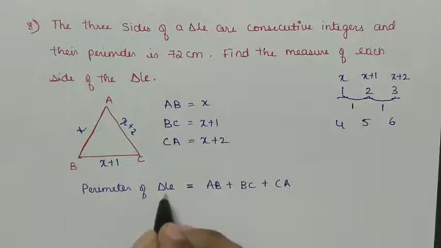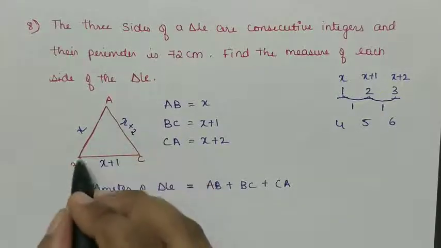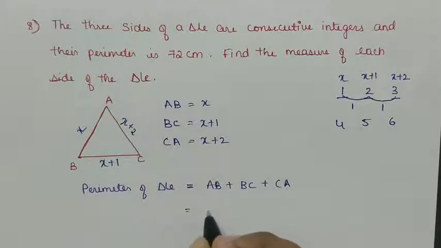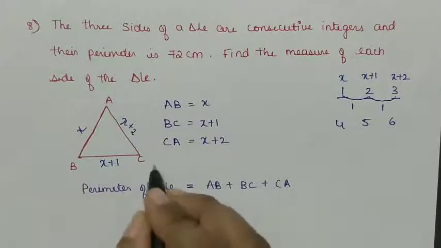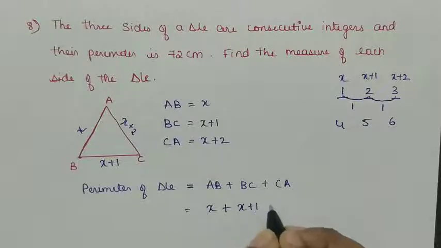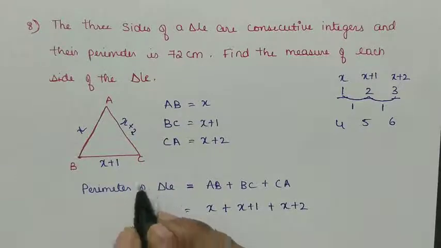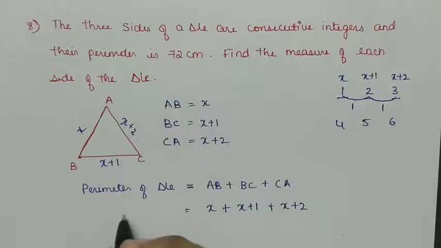We know the perimeter of the triangle is equal to AB plus BC plus CA. AB is equal to x, plus BC is equal to x plus 1, plus CA is equal to x plus 2. Perimeter of the triangle is given as 72 centimeters.